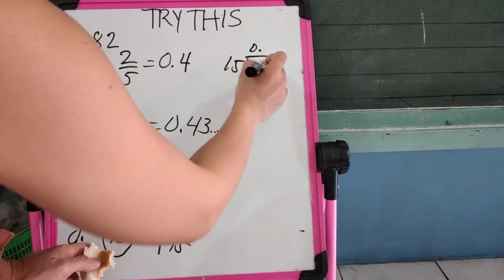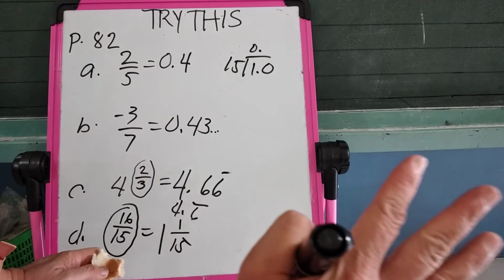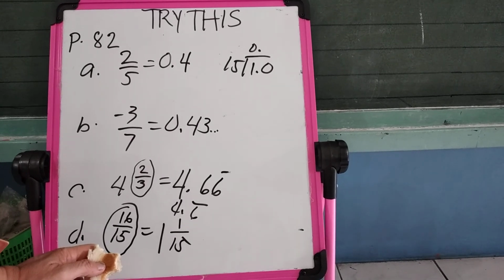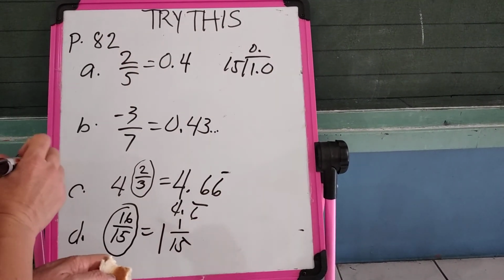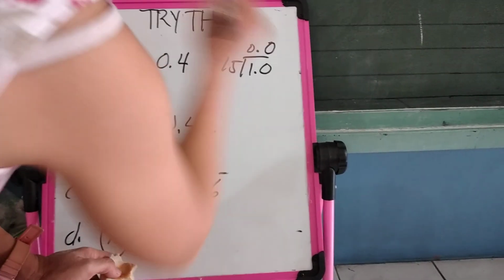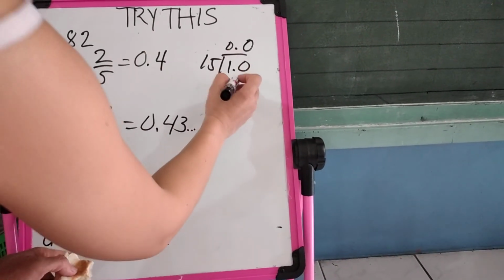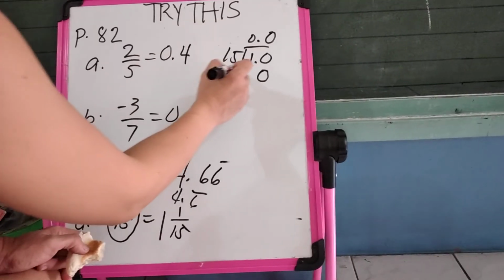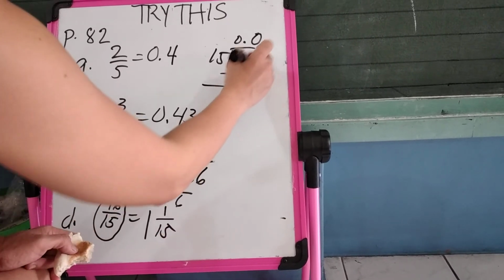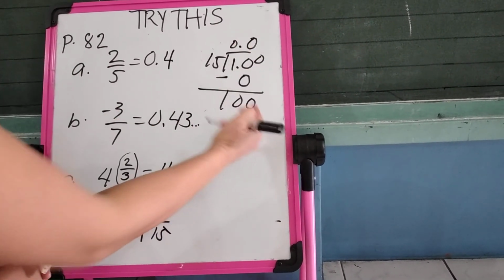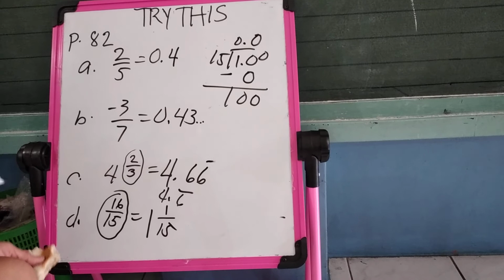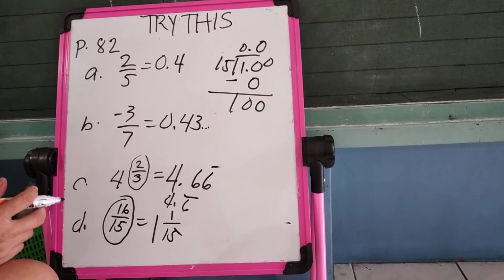So 0. So 10 divided by 15 cannot be, right? But you don't say cannot be because you already added 0. So you have to write 0. And then multiply, it's 0. So minus, it's 10 now. And add another 0. And then bring down the 0. So how many 15s are there in 100?